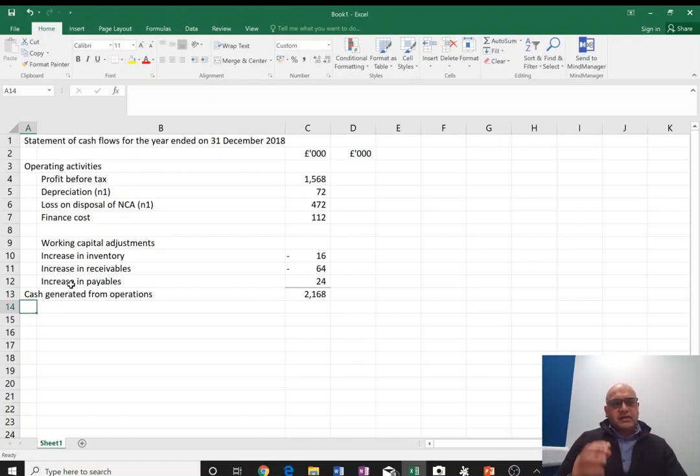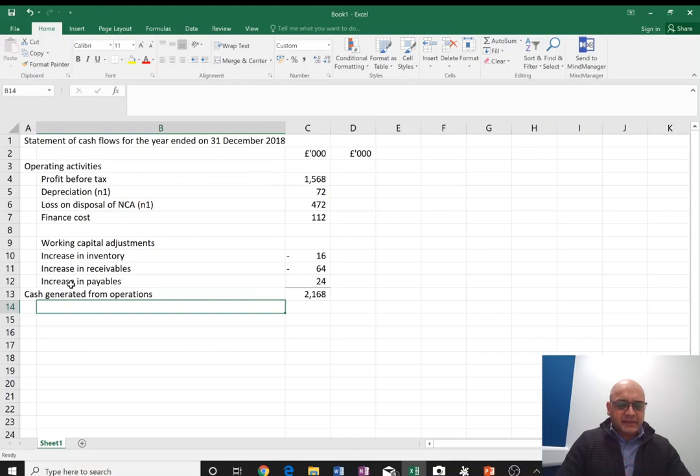In order to find the net cash profit, the cash that we generated through our regular buying and selling, manufacturing and selling, or providing services, whatever we are doing, we need to deduct two more items from here to find that final cash surplus or deficit. Those items are, remember, finance cost.